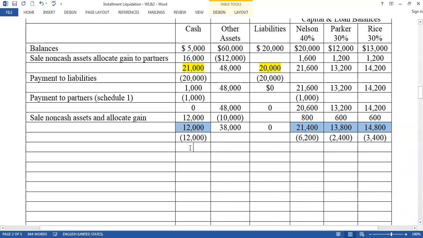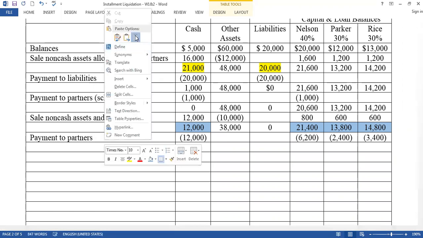So what is the balance now? So this is payment to partners. Payment to partners according to which schedule? According to schedule 2, right? We prepare schedule 2 and we make the plan.